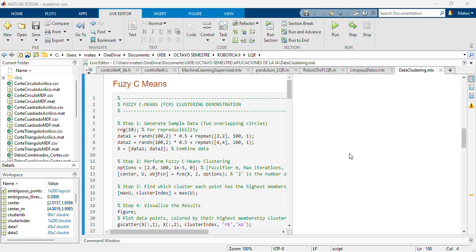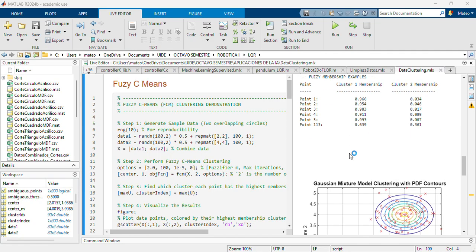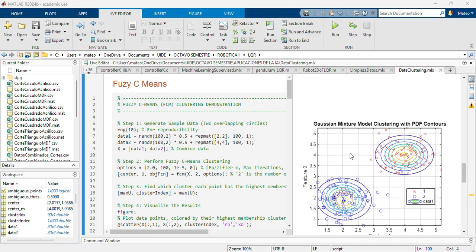Now let's look at Gaussian mixture models. It works quite similar. Also, we have to determine the number of clusters that we need, and based also on the center and the distance of each data point to the center, determines the relationship of that point to the cluster based on a normal distribution.